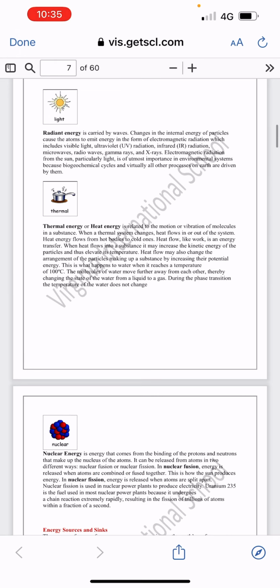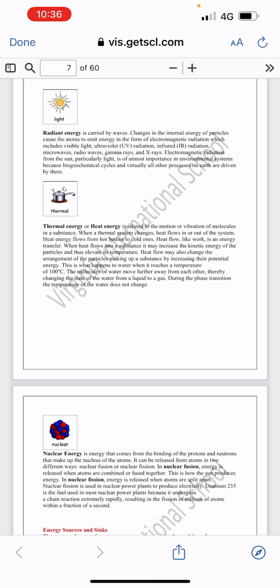And what about the radiant energy? The radiant energy is the energy that's coming out of the sun, and you know that the energy is coming out of the sun in the form of waves. So we have many waves coming out of the sun, and actually we make use of these different waves in different applications. Like X-ray, we have an instrument that works through X-rays and diagnoses the bones for any fracture.